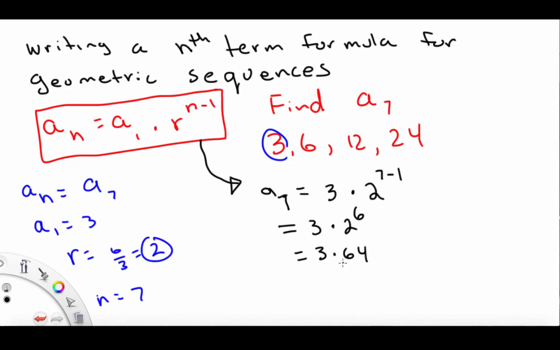We're almost done. A sub 7 is 3 times 64, which is 192. This is our answer.